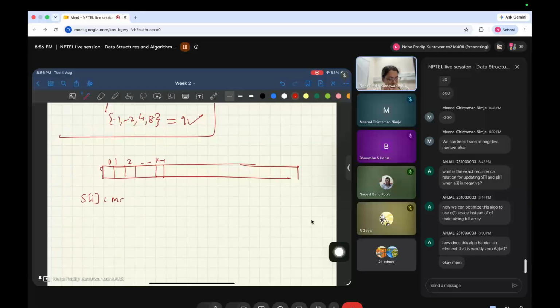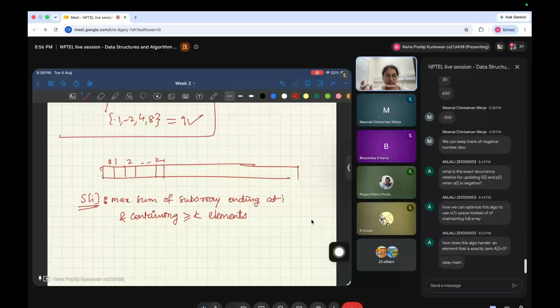So maximum sum of a subarray ending at i and containing at least k elements. Okay, so this is how I want to denote S of i, and as earlier what we will do is we will take max of S of i at the end. That will be our final answer.